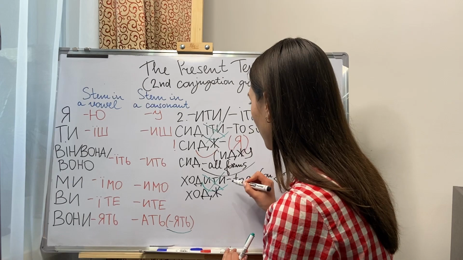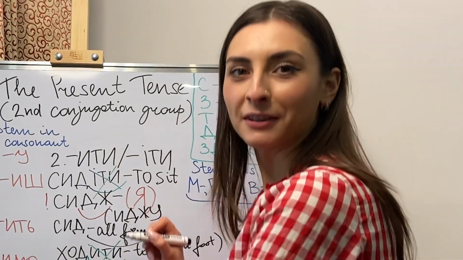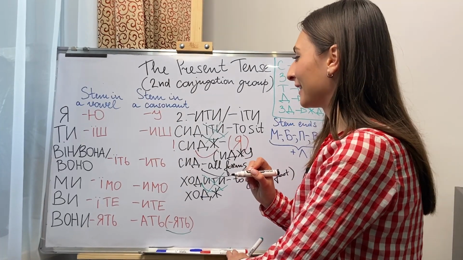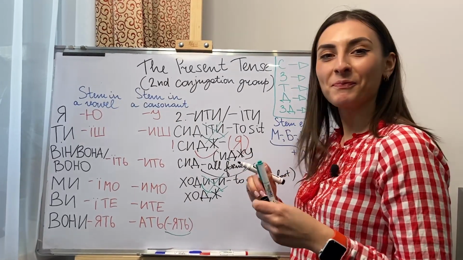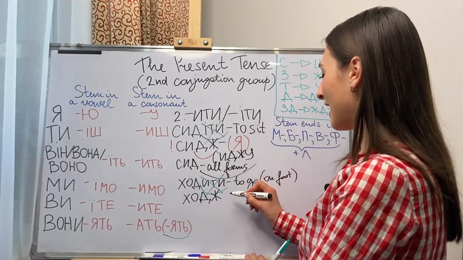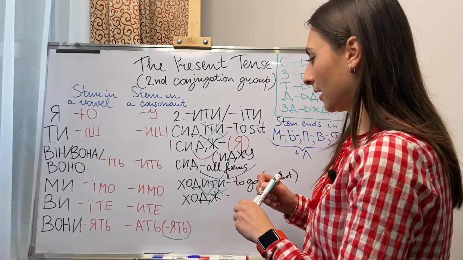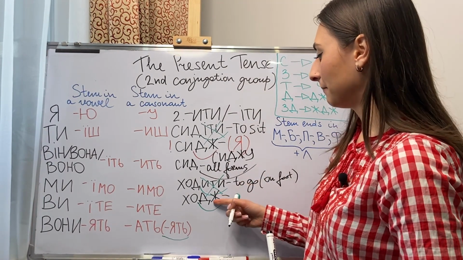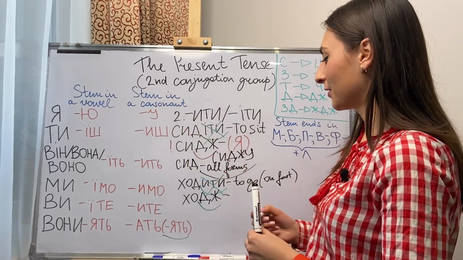I'm sorry for my writing, but it's not really convenient to write like this, and I have only this white board in my space, so forgive me. So ходжу, you're right, it ends in j, and j is a consonant.